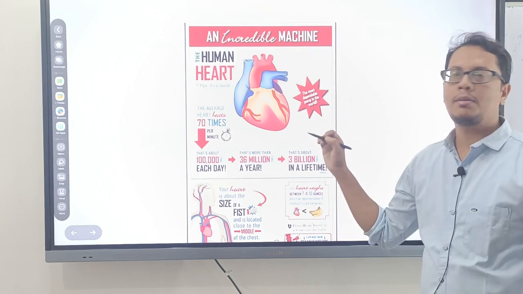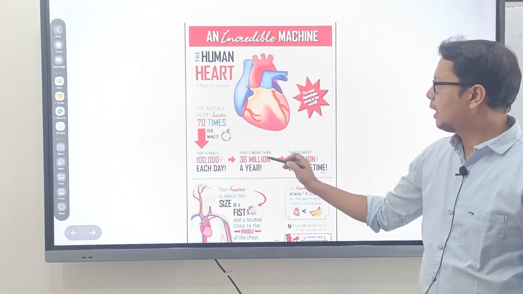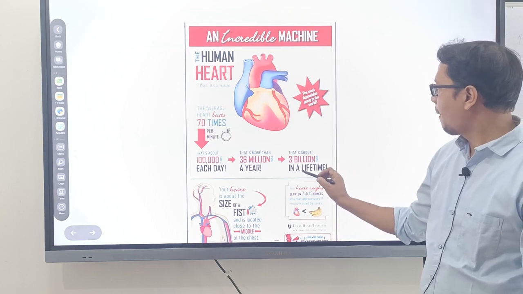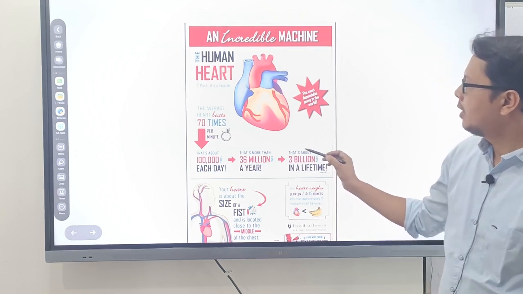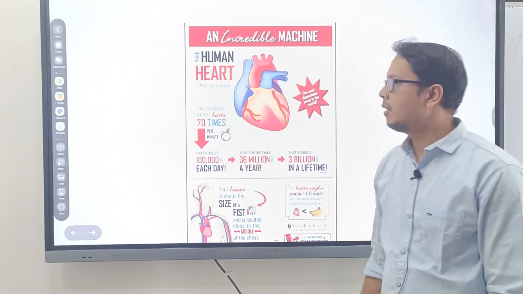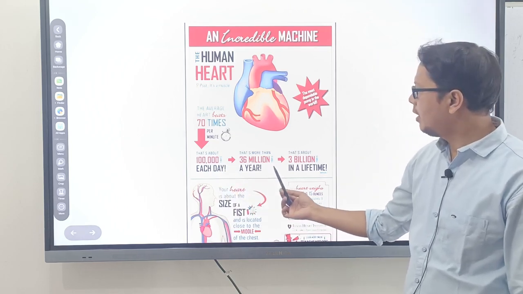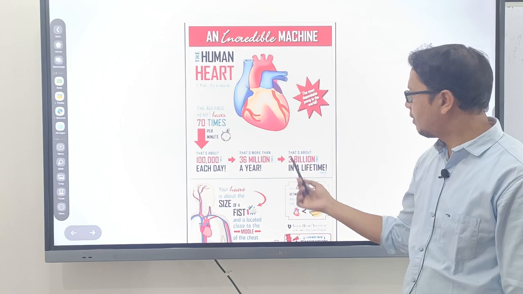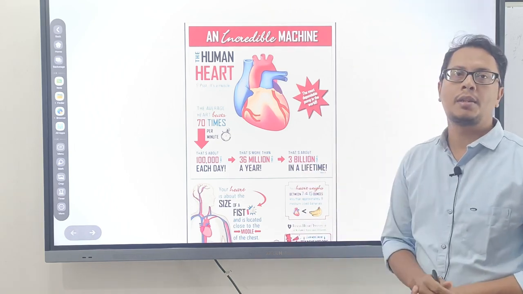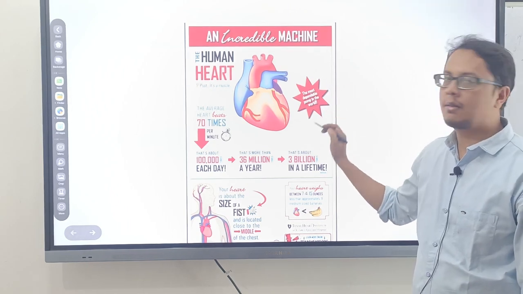No engineer has ever designed a pump like this. It is one of the most reliable pumps because its number of beats in a lifetime is 3 billion. Per minute there are about 70 heartbeats in an average person. Per day that is about 100,000 beats, in a single year 36 million, and over an average person's lifetime about 3 billion heartbeats. No engineer in the world has ever designed such a reliable pump.